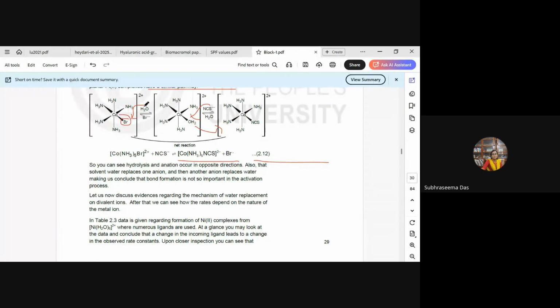The solvent water replaces the bromine ion, but in the second case, the second anion replaces the water that is present inside the coordination sphere. So we conclude that bond formation is not so important in the activation process.